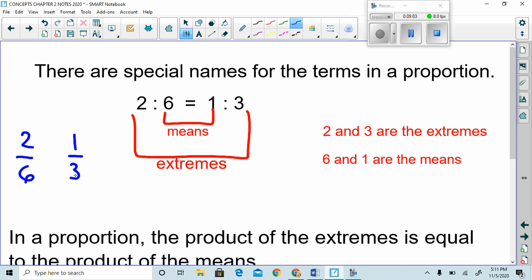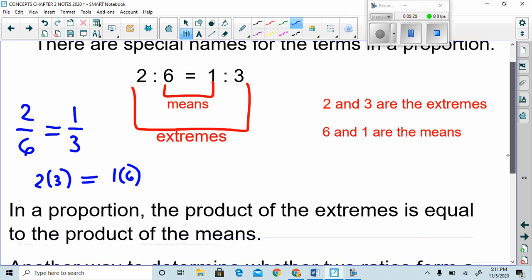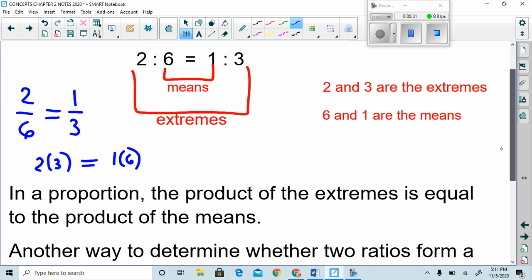These are the extremes, 2 and 3, and 1 and 6. Now I can see if they are equivalent by cross multiplying. Well, 2 times 3, does that equal 1 times 6? And the answer to that is yes. So these are equal. What did we use? Cross products. Multiply the extremes, 2 times 3, and the means. In a proportion, the product of the extremes is equal to the product of the means, which we just showed.